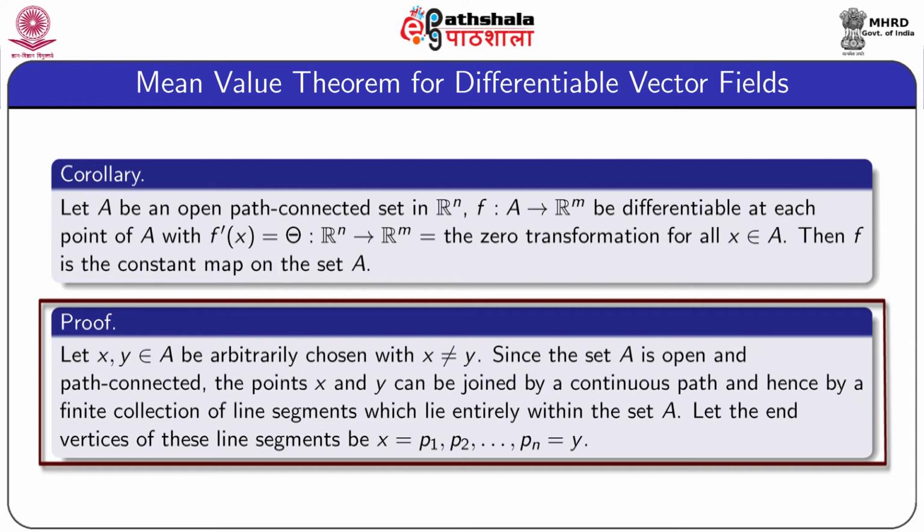Since the set A is open and path connected, the points x and y can be joined by a continuous path and hence by a finite collection of line segments which lie entirely within the set A. Let the n vertices of these line segments be x equal to p1, p2 up to pn, and pn is nothing but y.